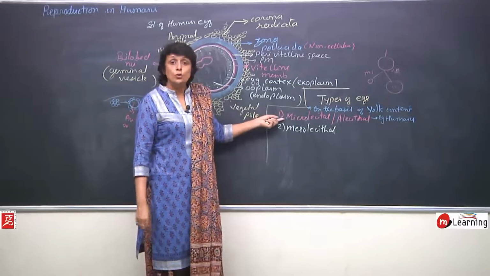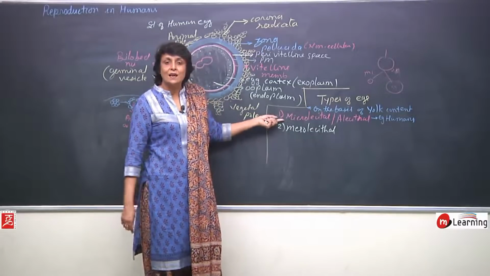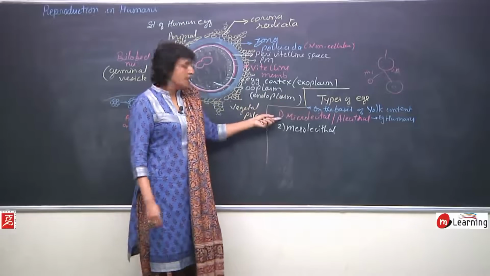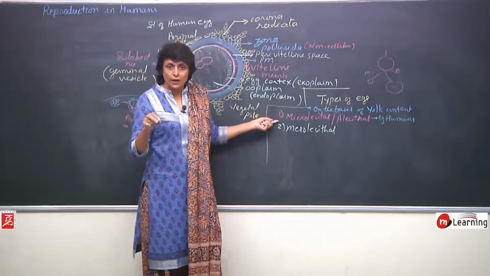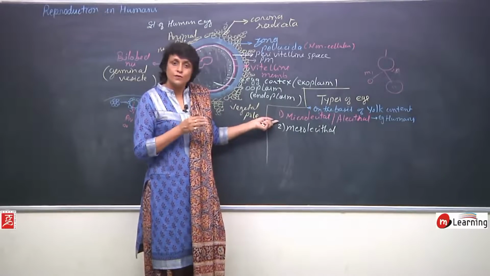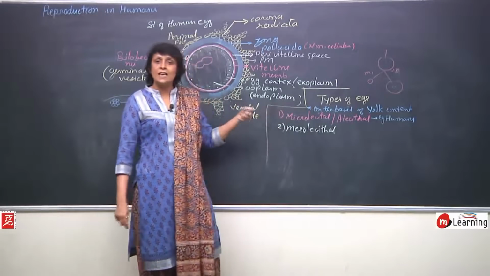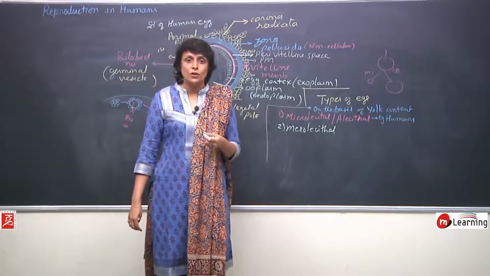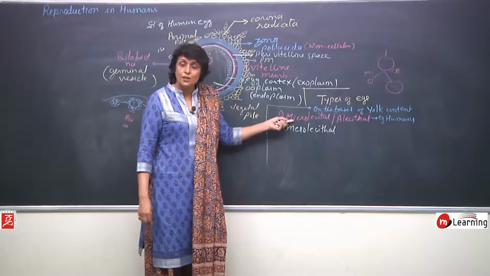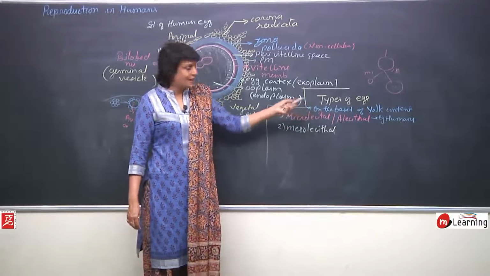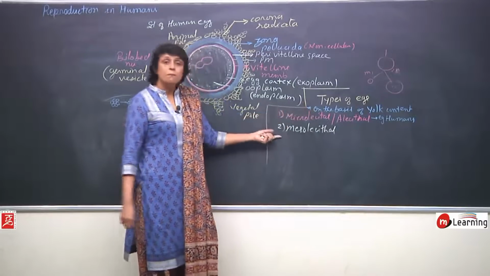So in eutherians, like placental animals like human beings, because there is a placenta which connects the fetus to the mother's body, there is a regular supply of nourishment. So even if the egg is without any yolk, it is not going to affect the fetal development. So examples here would be all placental animals like human beings.